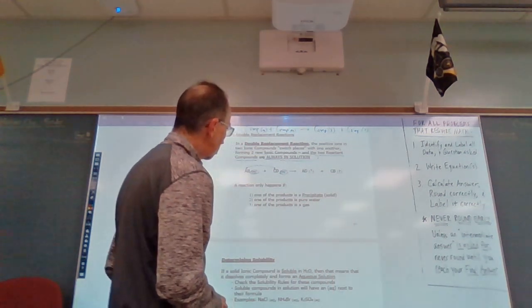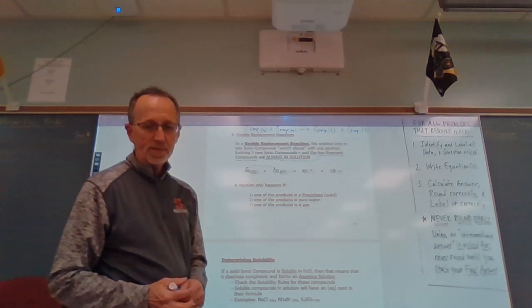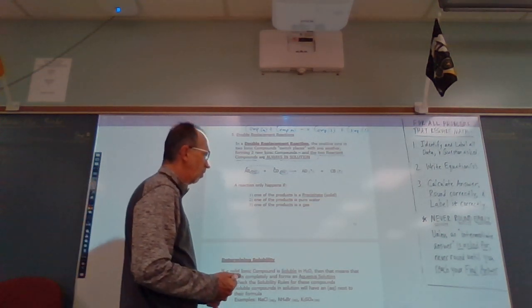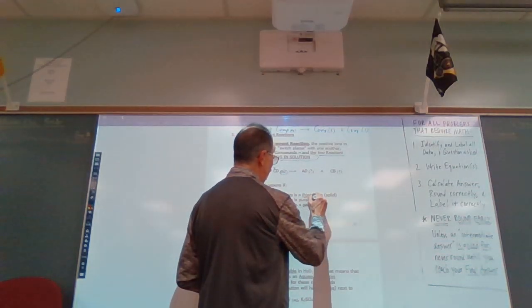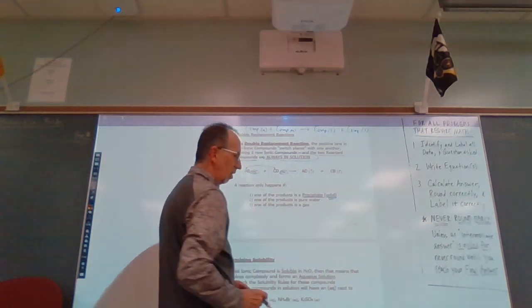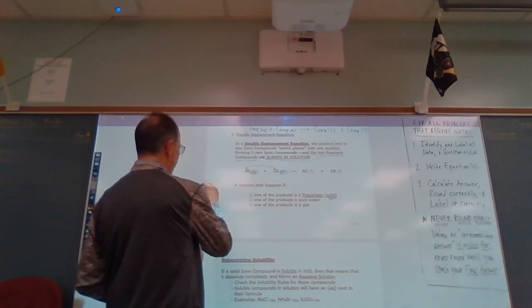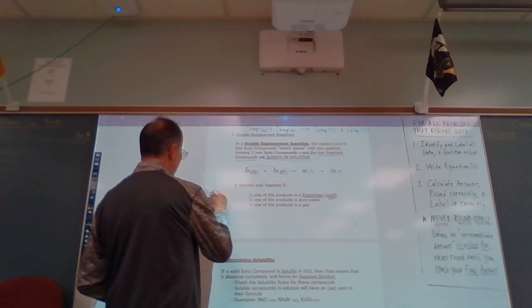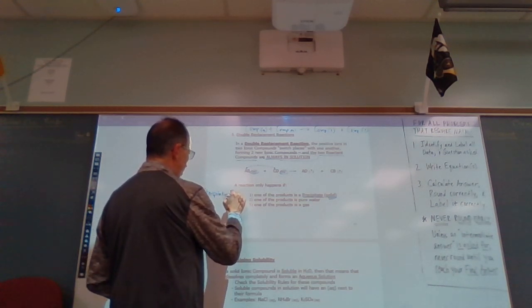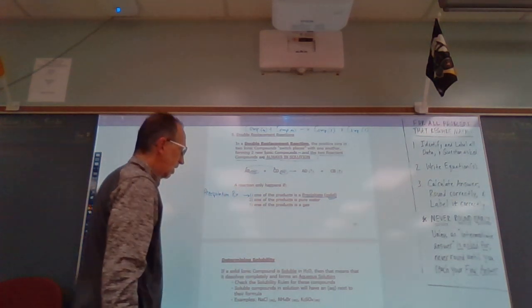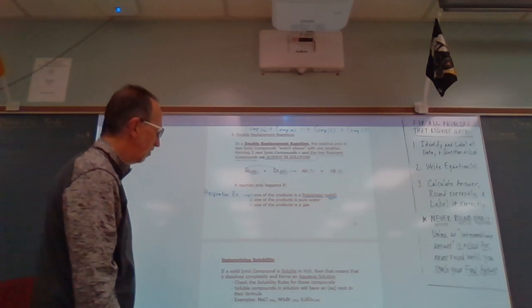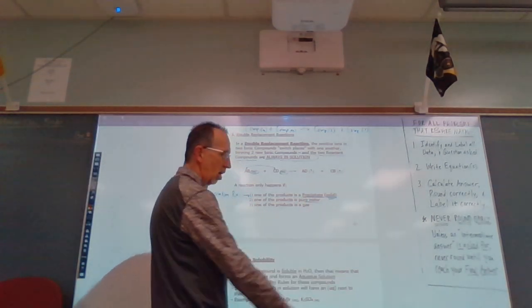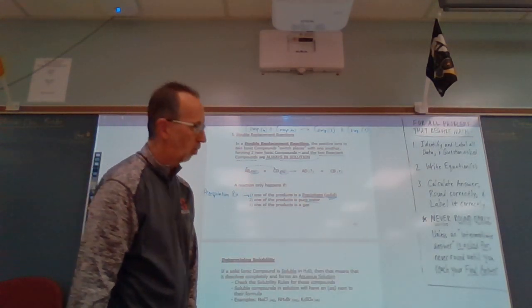All right. A reaction only happens if, number one, one of the products is a precipitate, meaning it is a solid. We call that a precipitation reaction. We're going to get into those more specifically tomorrow. Secondly, a reaction happens if one of the products is water.